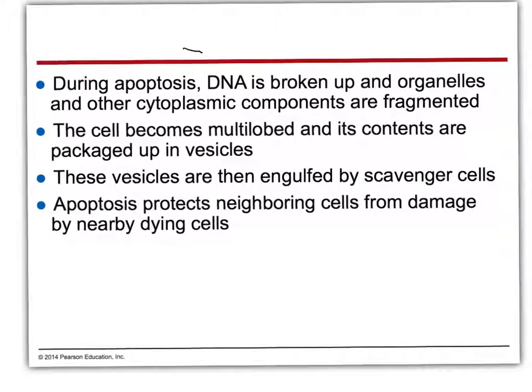The cell becomes multi-lobed, or what we call the blebbing appearance. And then the vesicles are engulfed by other scavenger cells. What it does is protect neighboring cells from the damage that is inside. So break it down internally so it doesn't leak over to others.